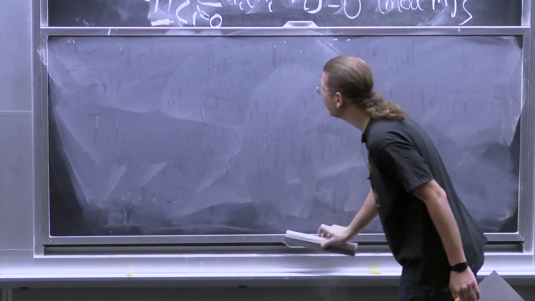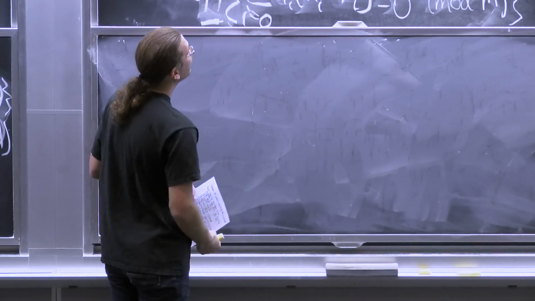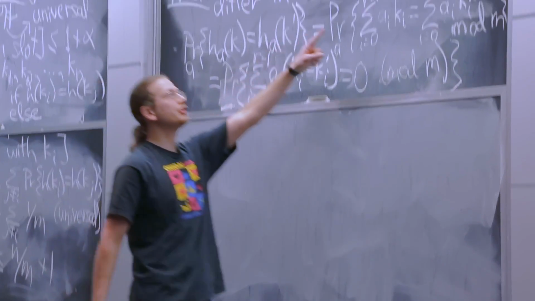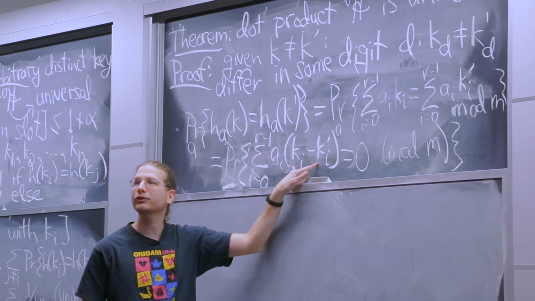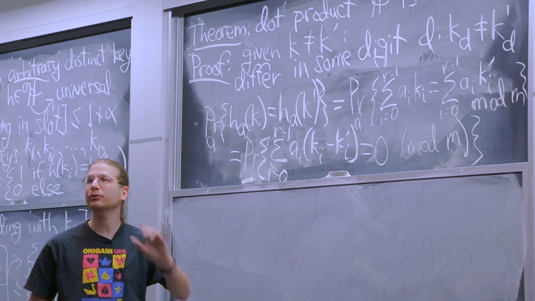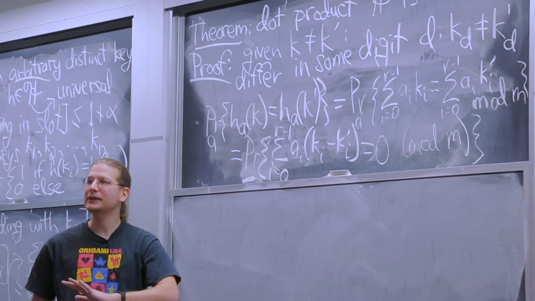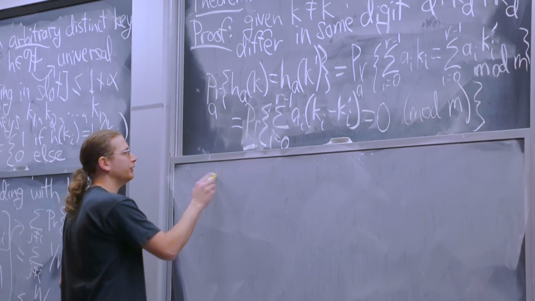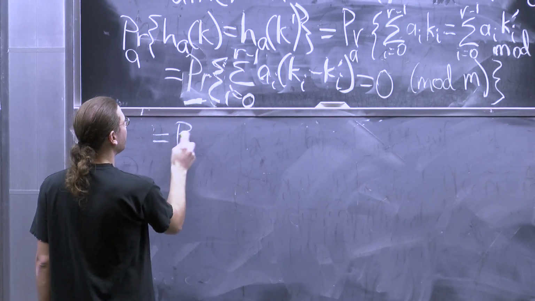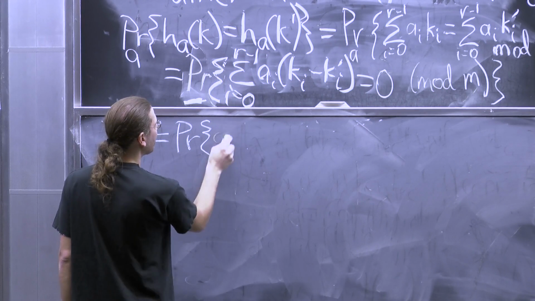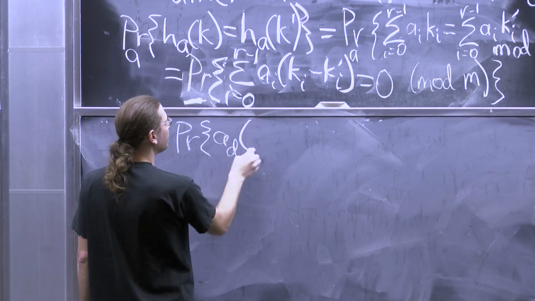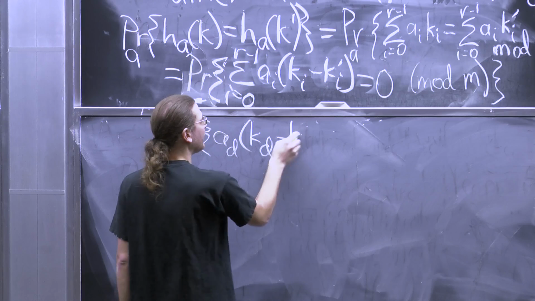Okay, no pun intended. Now, we care about this digit d. d is a place where we know that this is non-zero. So let me separate out the terms for d and everything but d. So this is the same as the probability of, let's do the d term first, a_d times (k_d minus k_d prime).